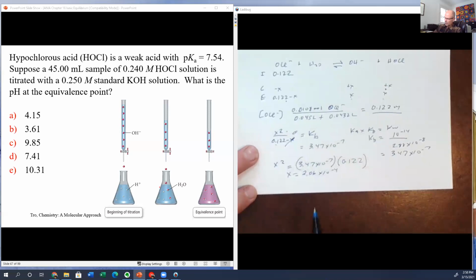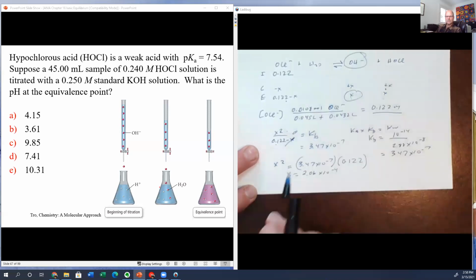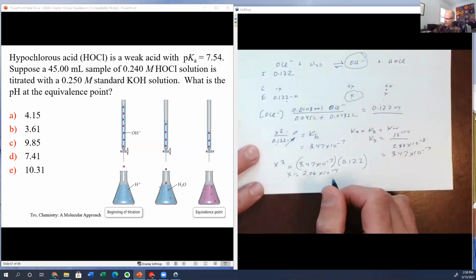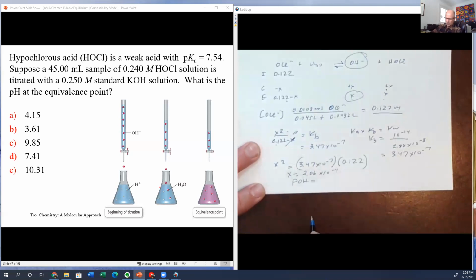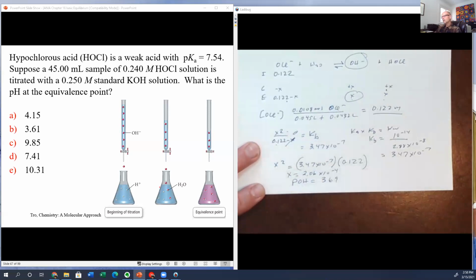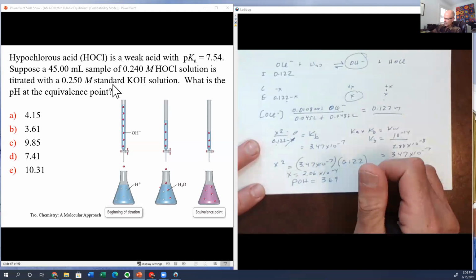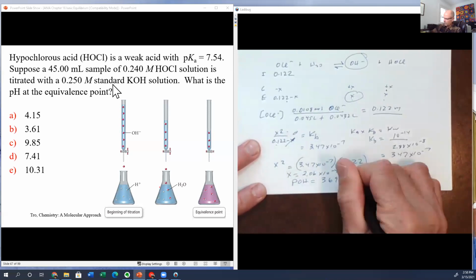Right? And then I go back to my ICE table and I find out that x is equal to the OH minus concentration, right? So then I take minus the log of that, and that gives me pOH. So pOH is equal to 3.69. Right, so therefore pH is equal to 10.31.